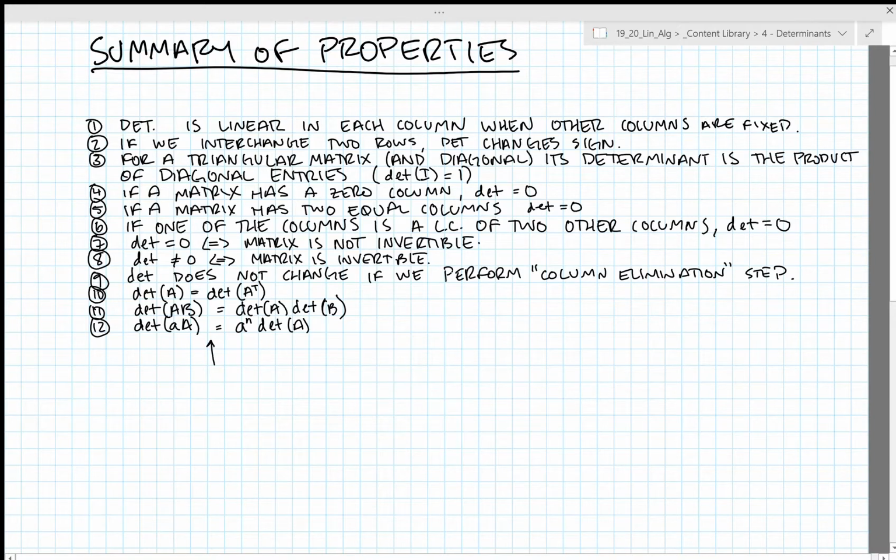We didn't necessarily talk about it. I think it would be fun if you try to show it. This follows from the linearity of determinant.